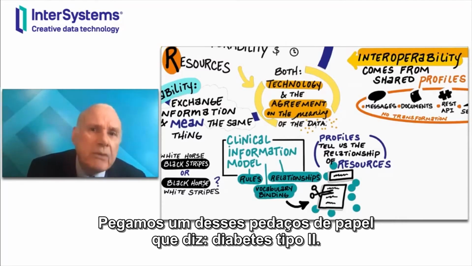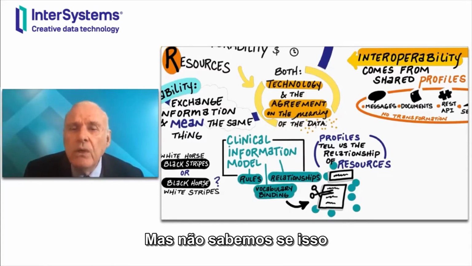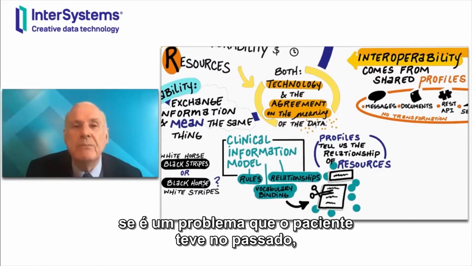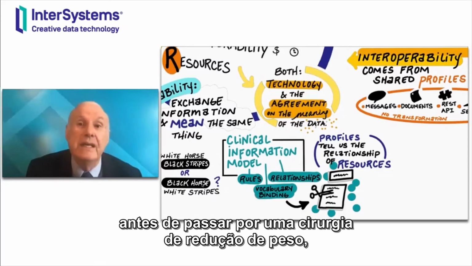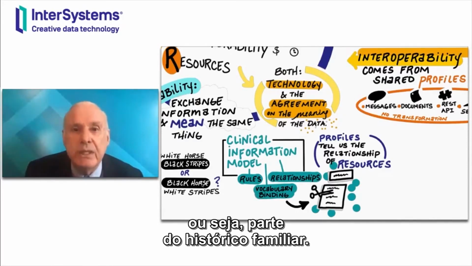Now we pick up one of those pieces of paper and it says diabetes type 2. Well, we know what that is, but we don't know whether that was a problem on the patient's problem list, whether it was a problem the patient had in the past before they had weight loss surgery, or whether it was a problem their mother had and it was actually in the family history.